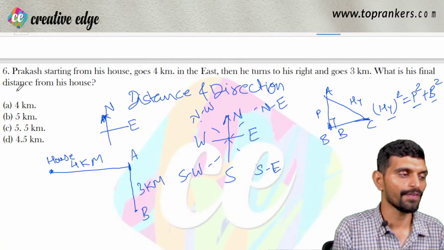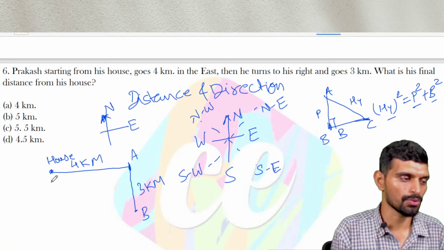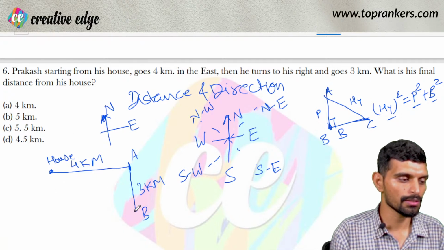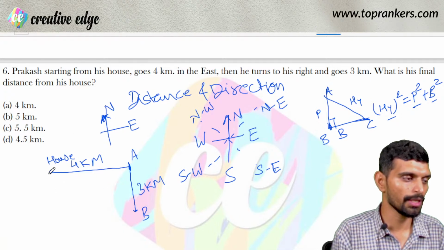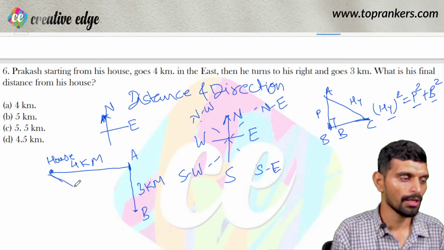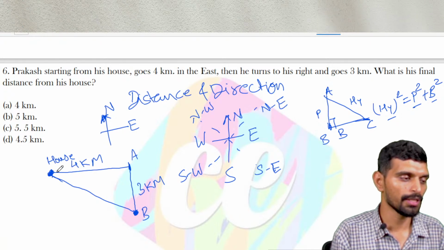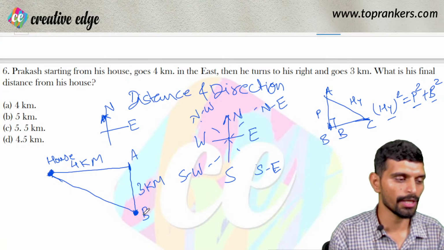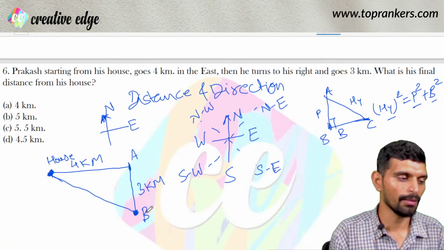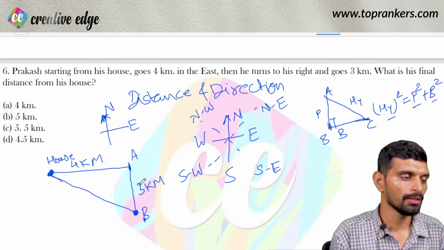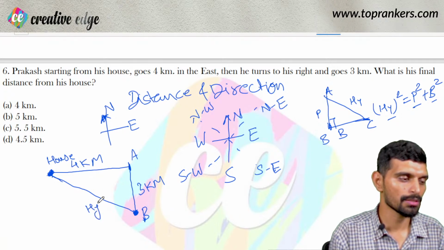Now what is his final distance from his house? So this is 4, this is 3. We should draw this. This is the shortest distance between the house and the final position, and this is the hypotenuse.